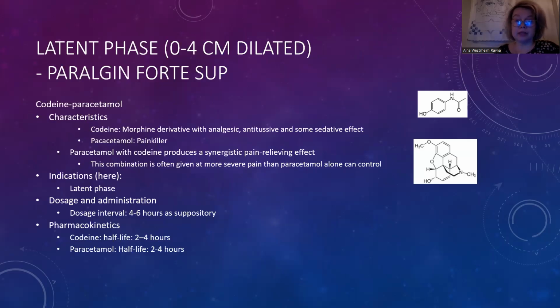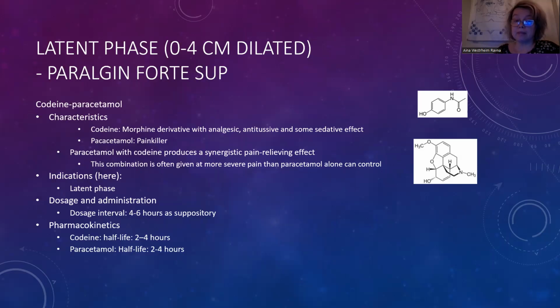In the latent phase, you may give Paralgin forte, suppository. It's a mixture of codeine and paracetamol. Characteristics for codeine is that it is a morphine derivative with analgesic, antitussive, and some sedative effects.